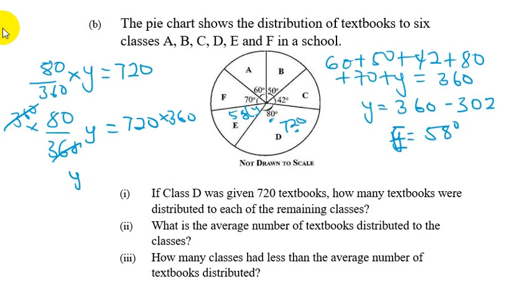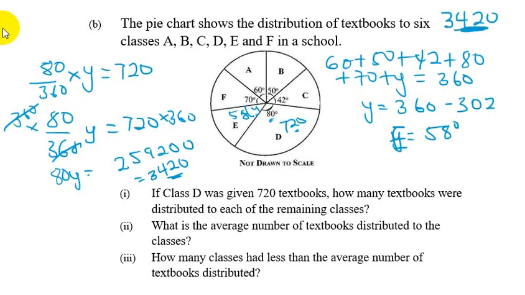Now I'm going to get y being equal to 720 multiplied by 360, which is going to give us 259,200. Then we divide that value by 80. Then we are going to get 3,420. So it means that the total number of books that was shared was 3,420.